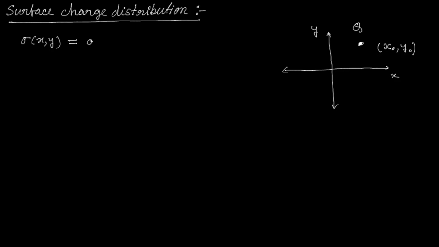First we write the amount of charge, and then we write the Dirac delta function at x equals x naught and y equals y naught.